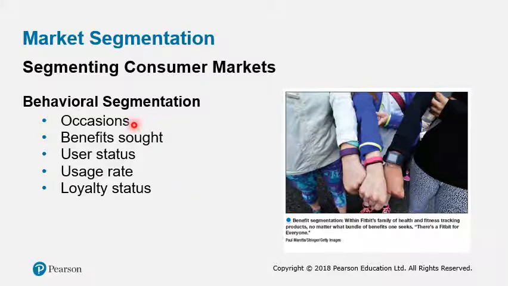Based on occasion is where the consumer will buy things due to different occasions. All right, for example, you have birthday cakes for birthdays, or Christmas cake for Christmas, or Valentine's Day cake during Valentine's Day.